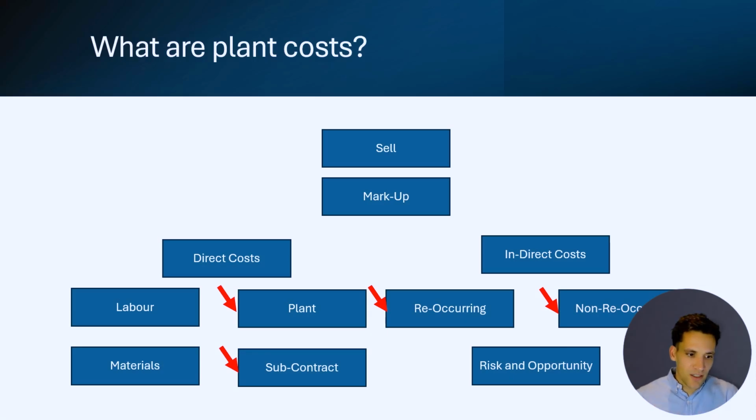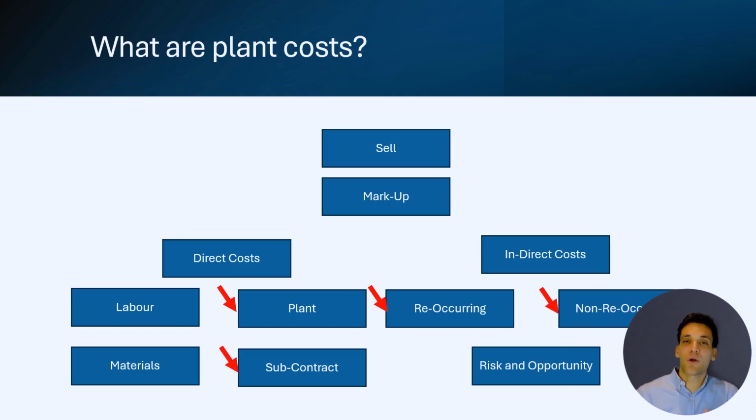So where are our plant costs covered in our estimate structure? So if you haven't seen this before, this is the framework I use to think about all the components of an estimate that form part of the total project cost. So plant, we've obviously got in our direct costs, in our plant costs. But if we're wet hiring plant, that might be covered in our subcontract costs.